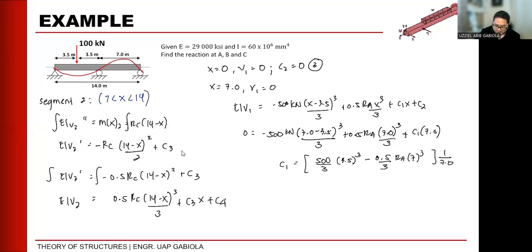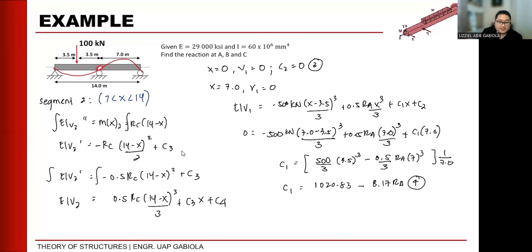So, yung C1 natin, pag sinimplify, 500 over 3, 3.5 cube over 7, that is 1020.83 minus 0.5 over 3 times 7 cube, divide mo ng 7, we have 8.17 RA. So, this will be our fourth equation. Yung relationship ng C1 tsaka RA. Next. Ano pa yung condition na pwede natin malaman?